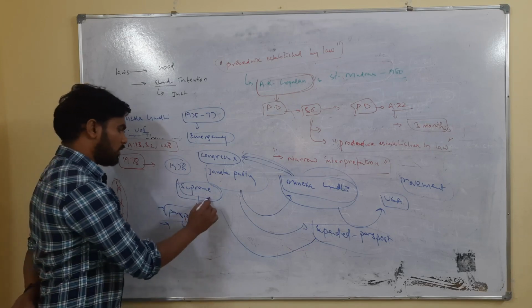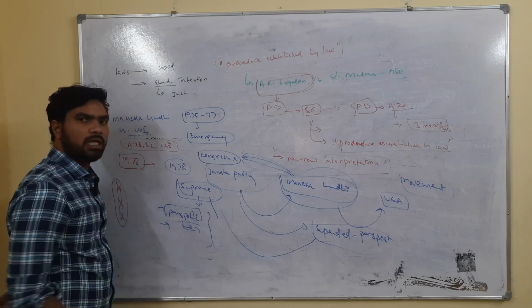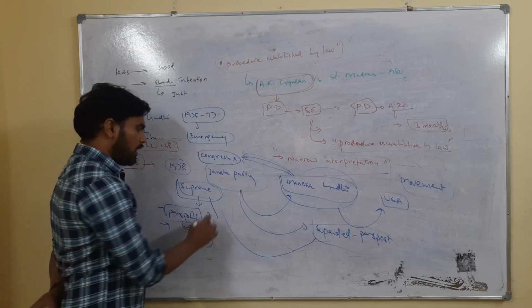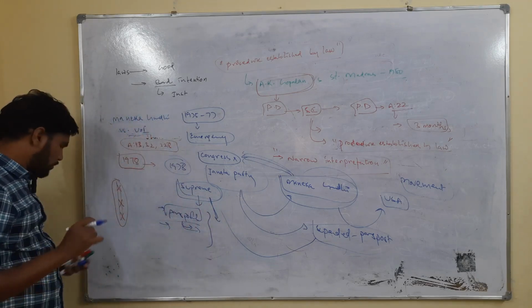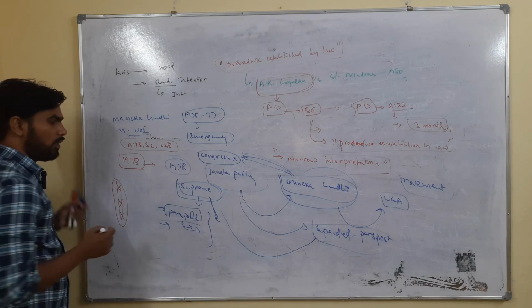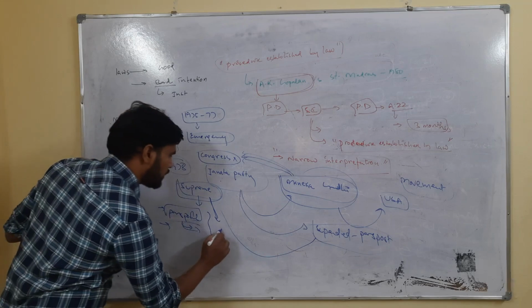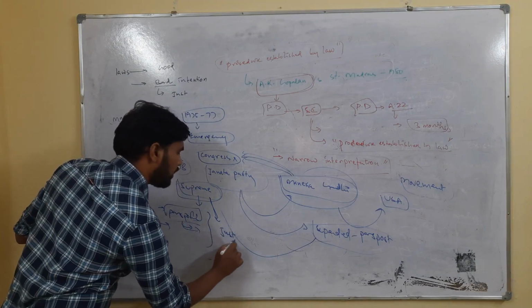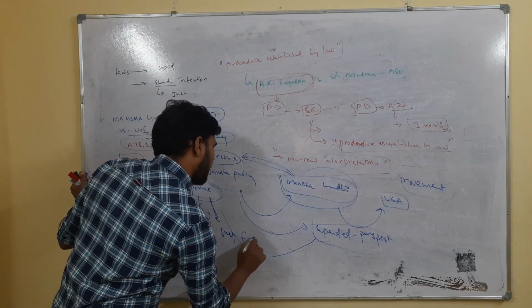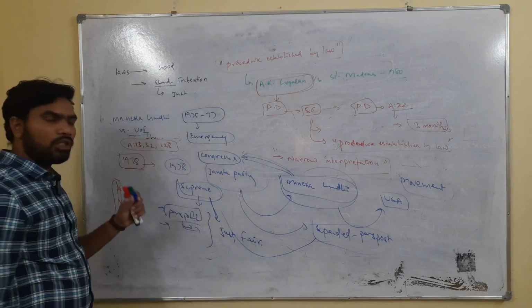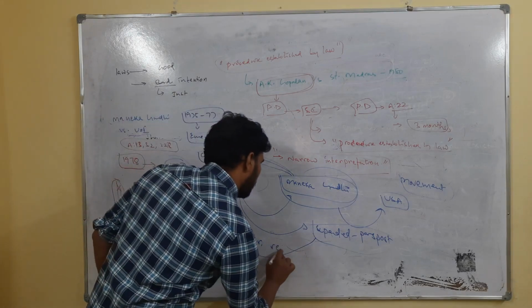Then the Supreme Court said that okay, you are saying there is a procedure, there is a law, but mere existence of law is not sufficient to curtail the freedoms of the people. That law should be just, it should be fair, and the law should be reasonable.